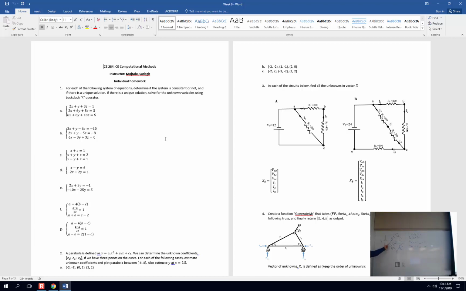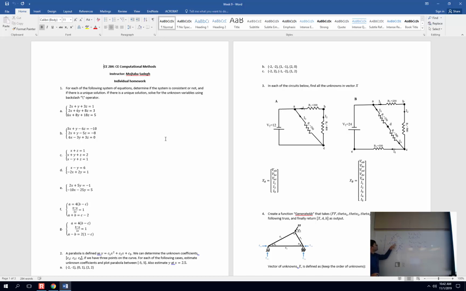Now we don't have VBC, do we? In our equation, we don't have VBC, so we will not solve for VBC. How do I create VBC in my equations? You add them up, like how you do with the I's. Absolutely.